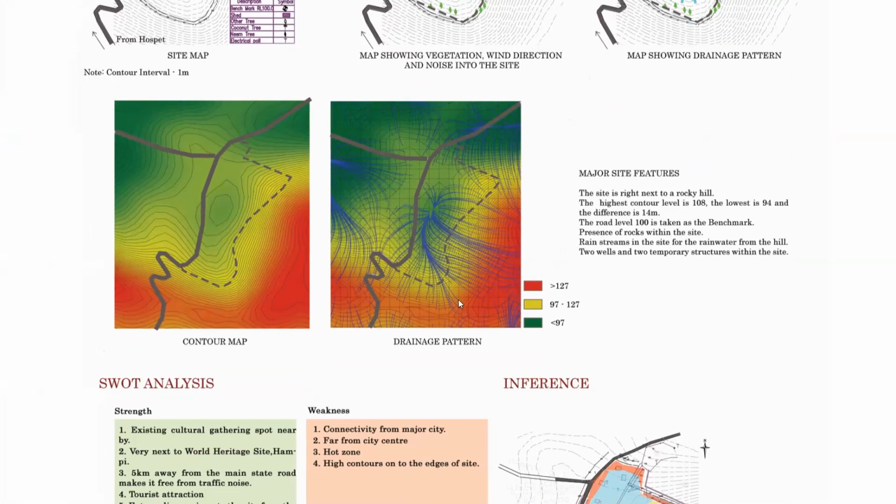Here, these are the hilly areas, so all the water from the mountains goes into the site, but this is not the highest level. The lowest level in the site is on this side, so the water coming through the hill goes through the site and crosses the site. This is on the lower contour level.